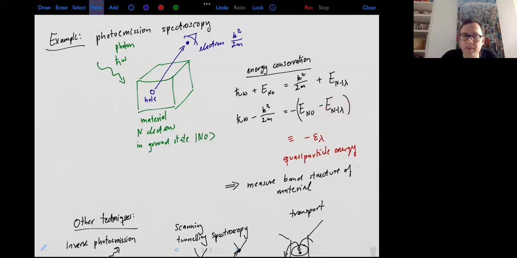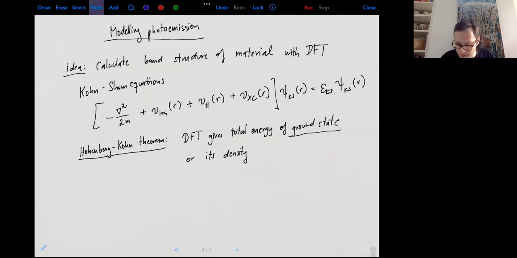And so that is clearly something that DFT does not, by its nature, actually produce. So there is a little bit of a problem.